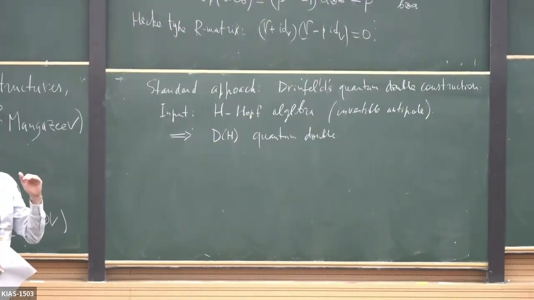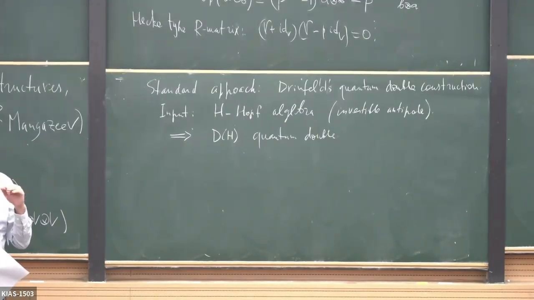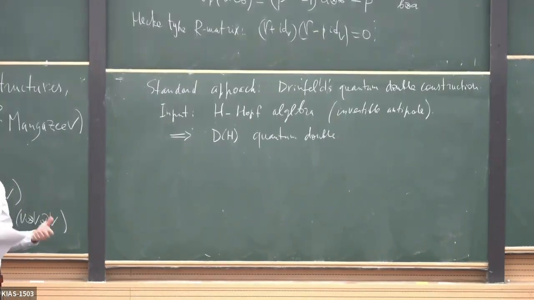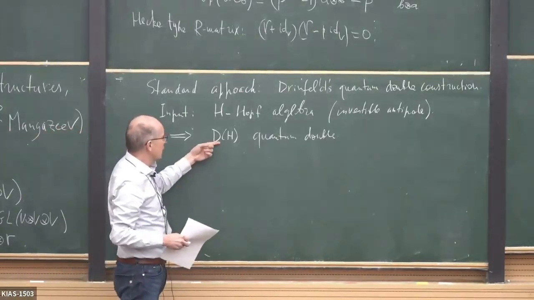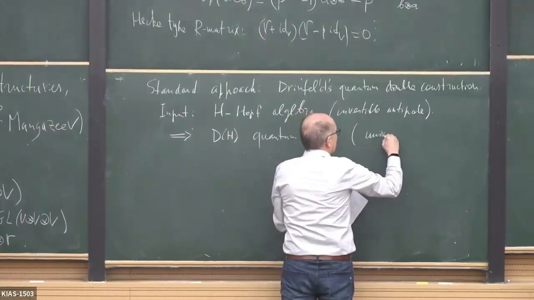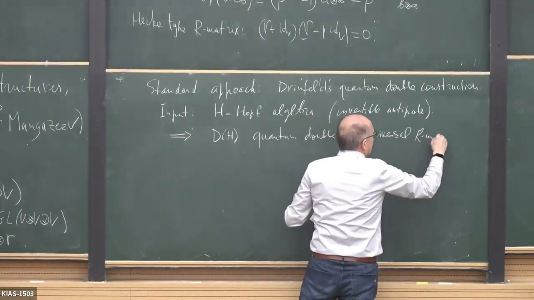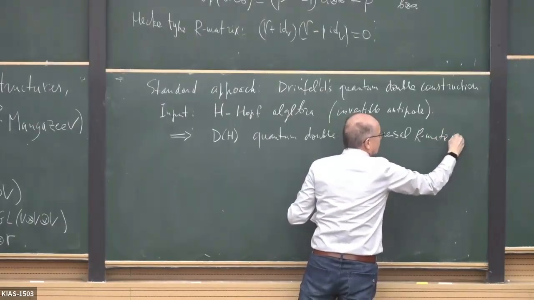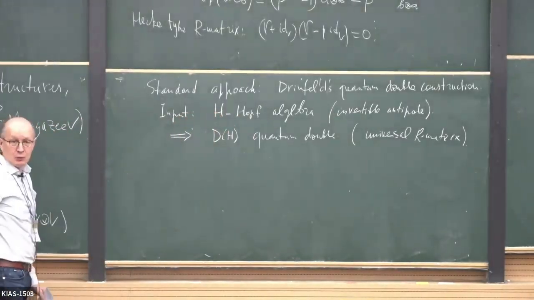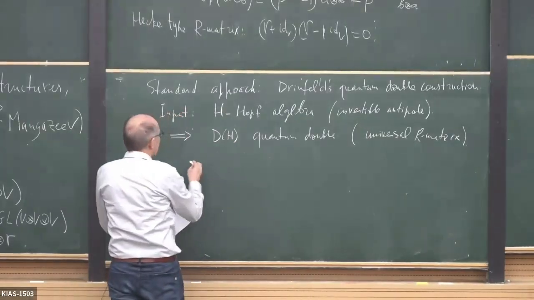It is not the algebraic dual space, it is a restricted dual space. In other words, you put into an algebraic setting the whole set of all finite dimensional representations of the input Hopf algebra. This is a restricted dual. Then you put them together and you get a quantum double, and it comes with a universal R-matrix. That's an essential ingredient you get in the quantum double construction.